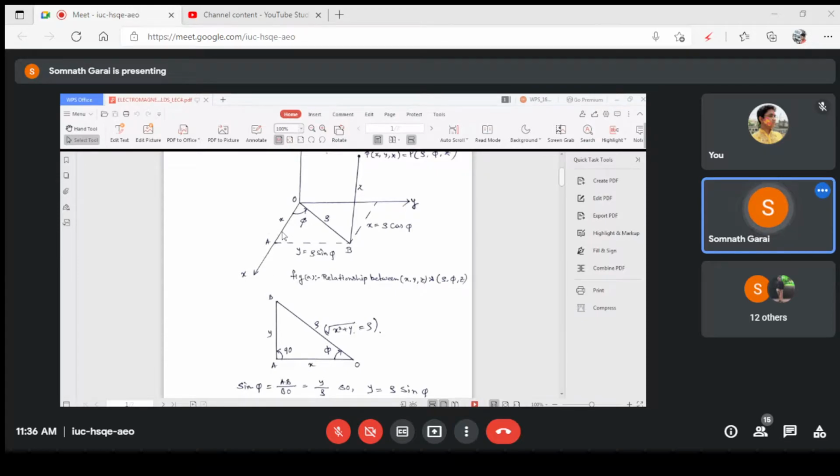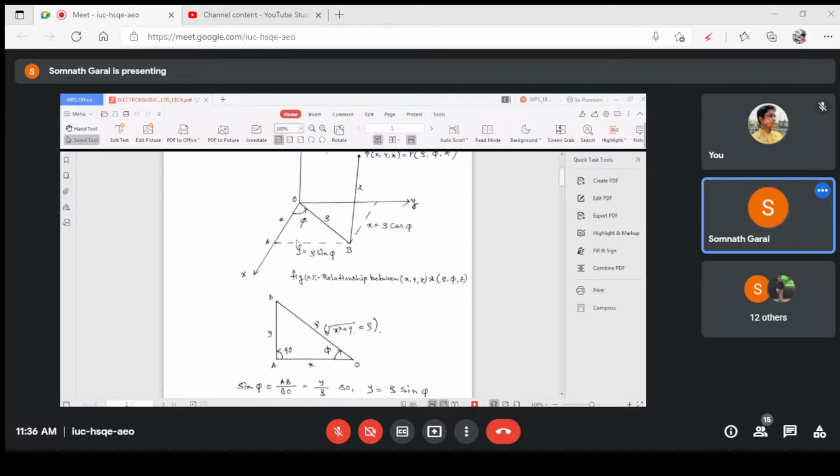So the angle at A is 90 degrees, right? So AO and AB form a 90-degree angle, and this angle is phi.